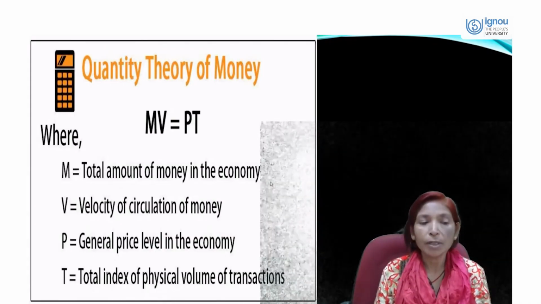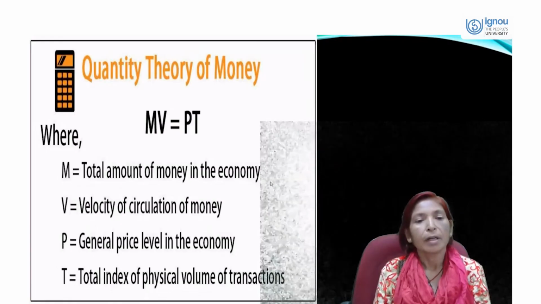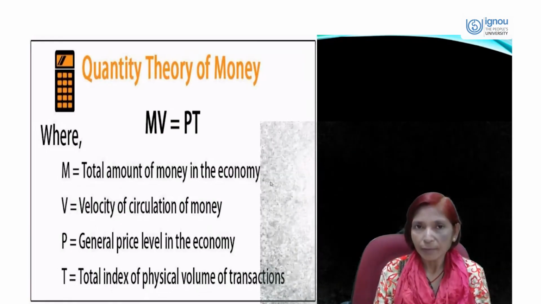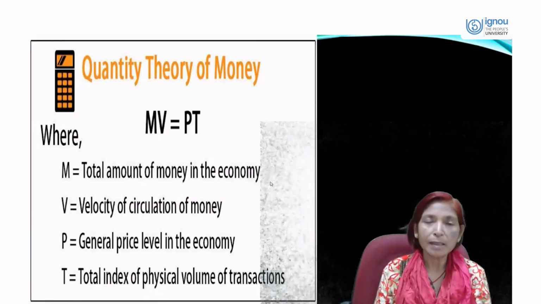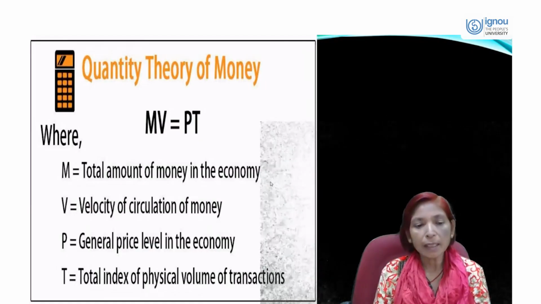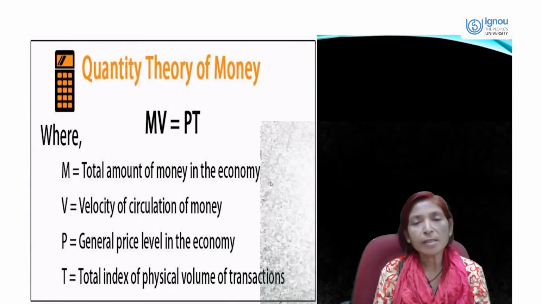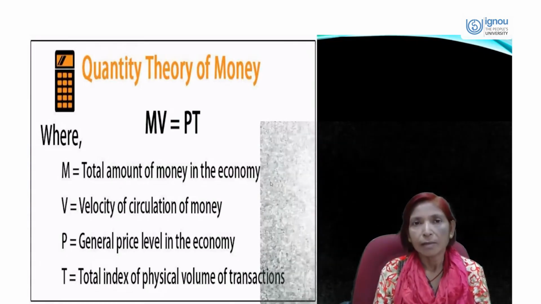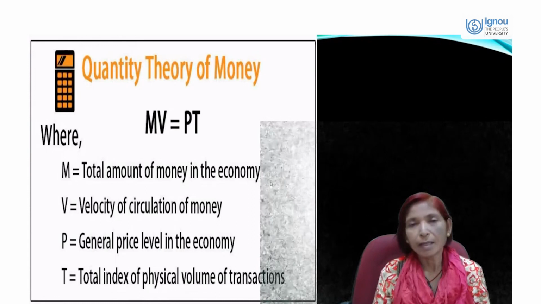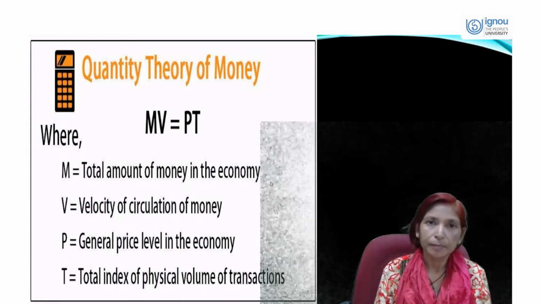Velocity means circulation of money. And P is price level or general price level in the economy. And T means transaction. People always demand money for specifically transaction purpose.